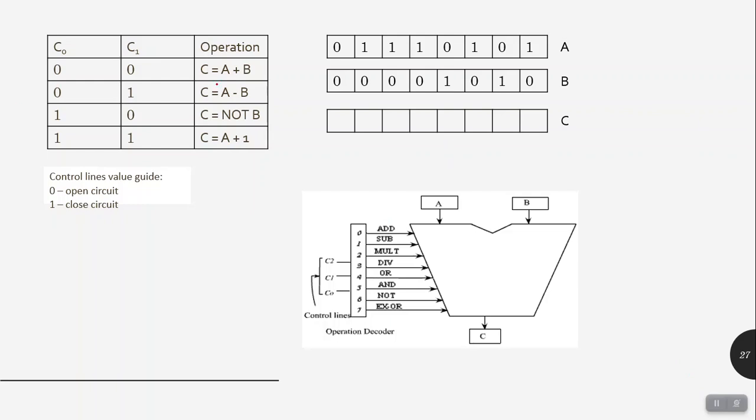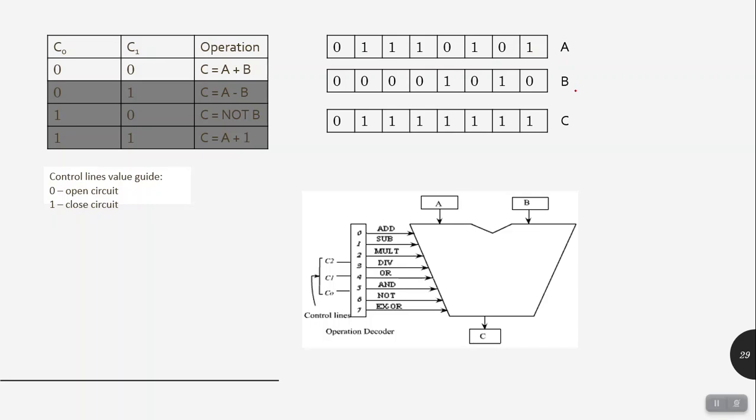For our first case, control line 0 has 0 and control line 1 has 0. Therefore, we will just add the value of B to A and then assign it to our output register C. How are we going to solve for an 8-bit binary number using addition? If these are the values inside the input registers A and B, we'll just add them together.